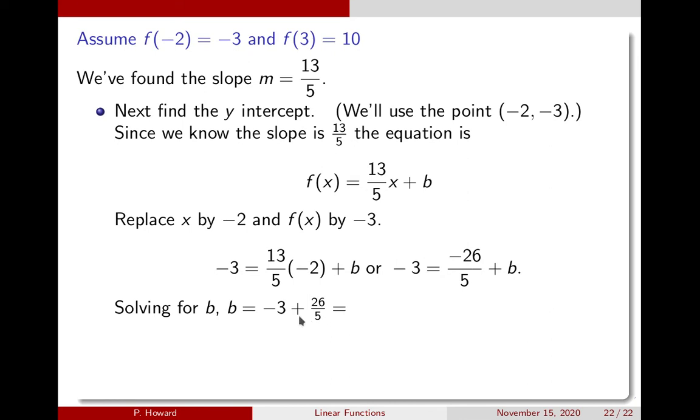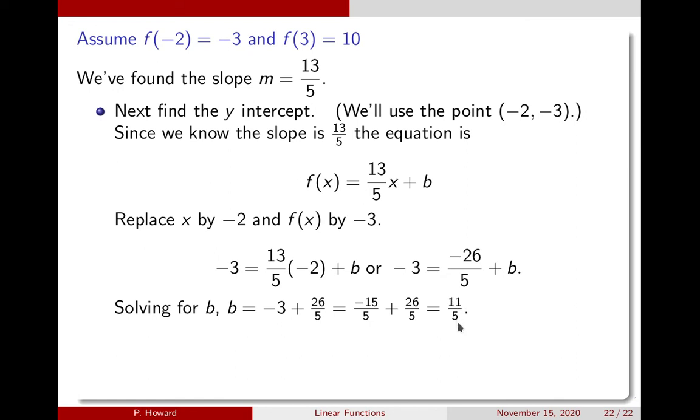Well, in order to add these two numbers, if I'm doing it with pencil and paper, I have to write -3 as some number of fifths. -3 is -15/5. So -15/5 plus 26/5 is 11/5.